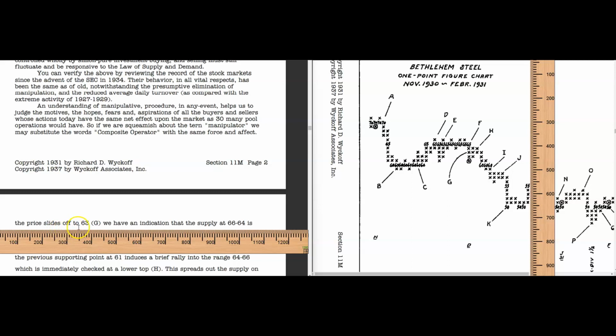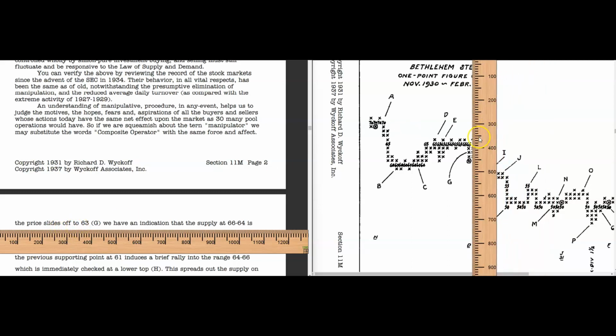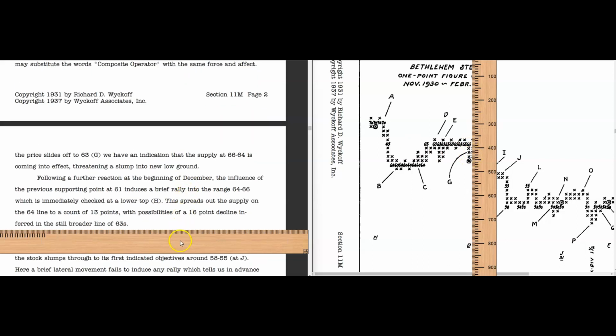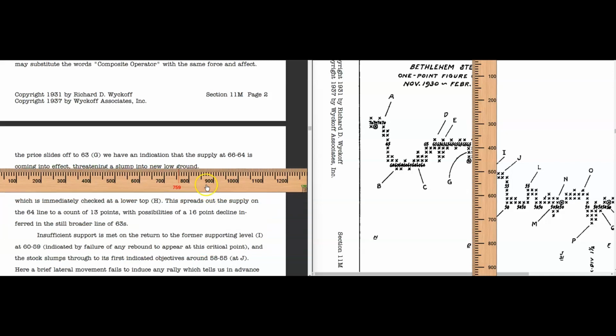So the point is, the price slides off to 63, which is right here. It broke 64, above which we used to project the new low. So price broke 64, and we have an indication that the supply at 66 to 64 is coming into effect, threatening a slump into a new low.